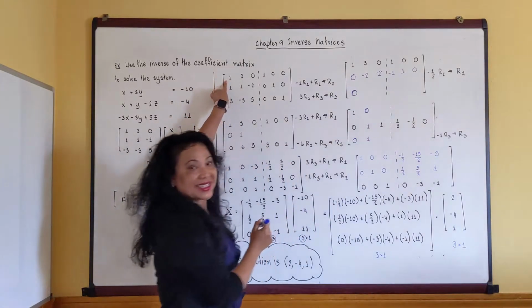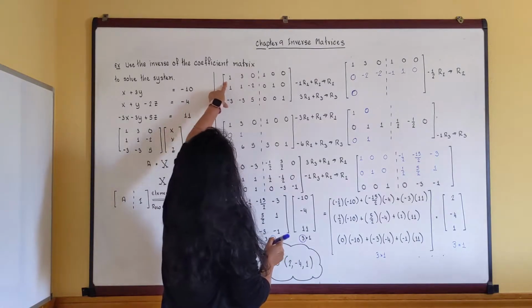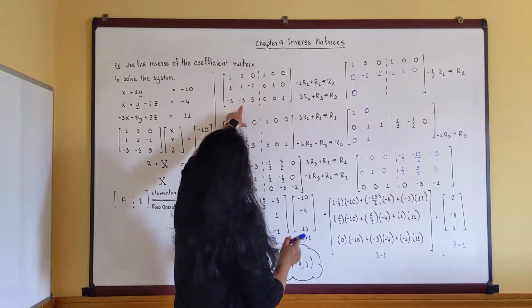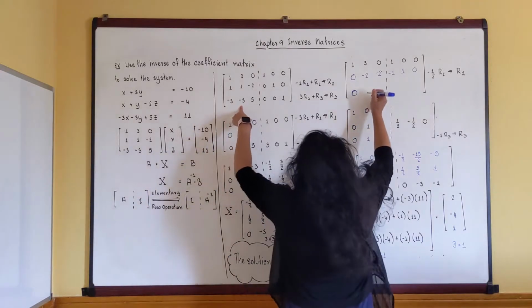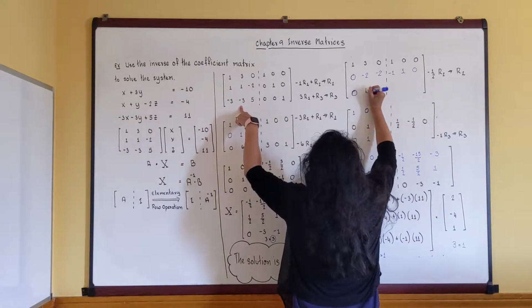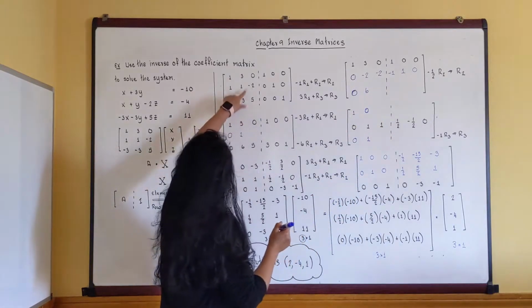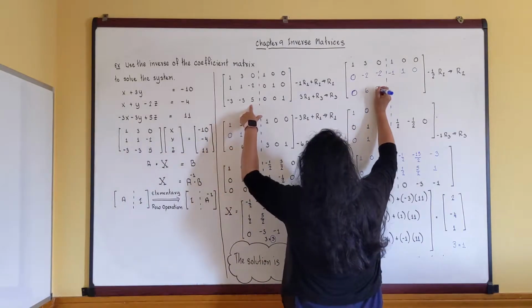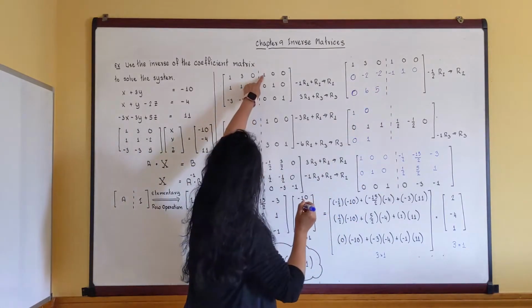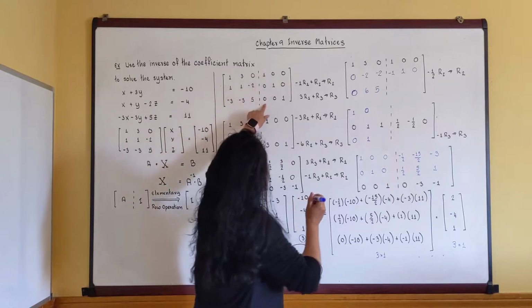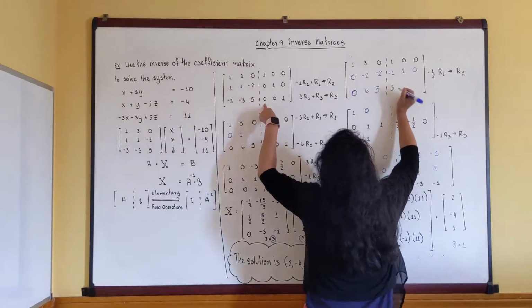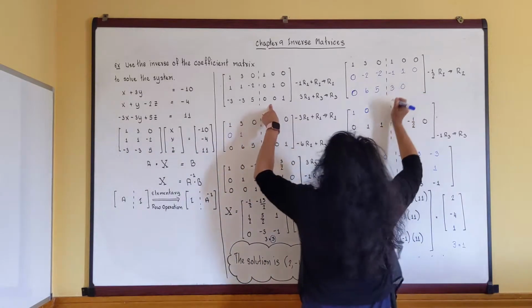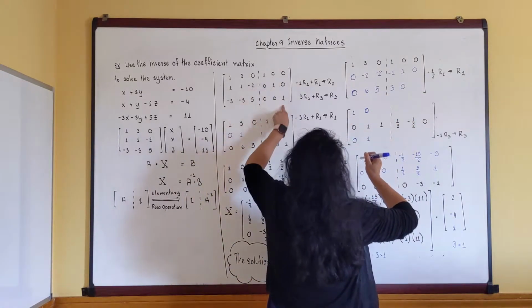Yeah, that's what I want. 3 times 3 is 9. 9 minus 3 is 6. So this is 0. I end up with 5 minus 3... plus 0, I got 3. 0 and 0, I get 0. 0 and 1, I get 1.